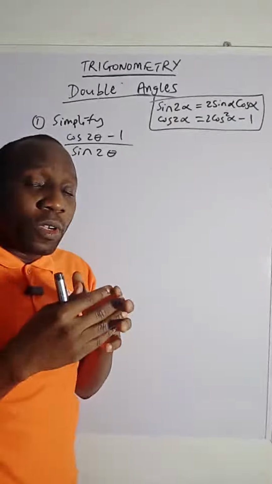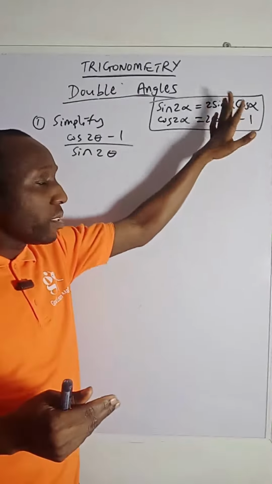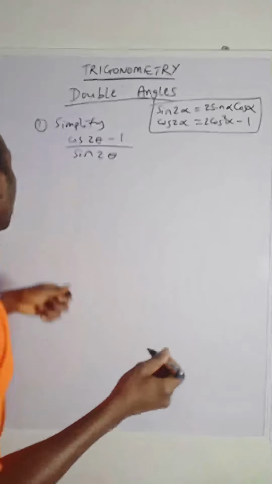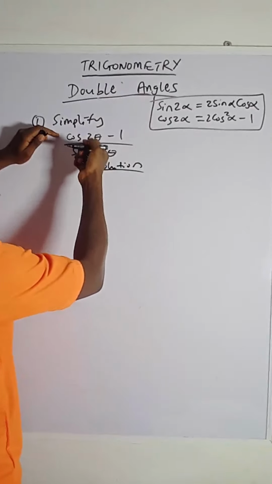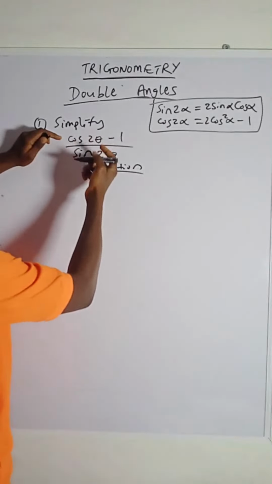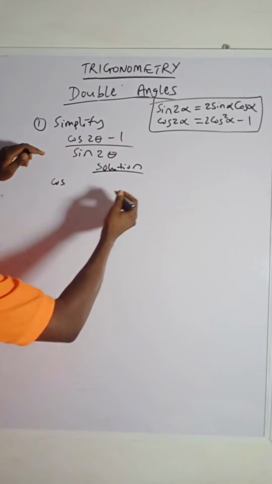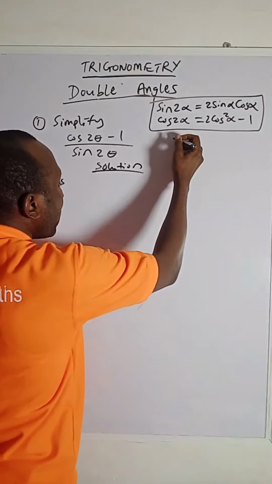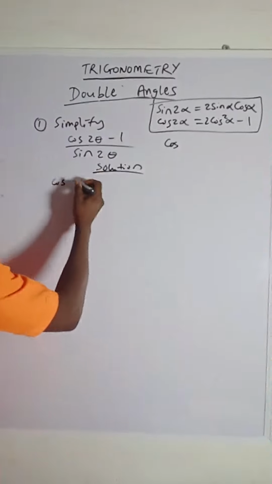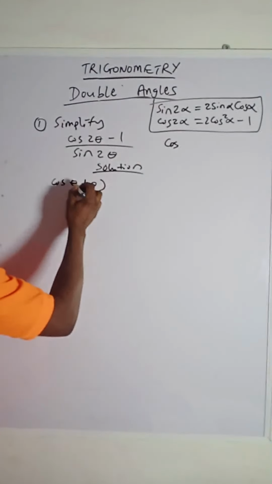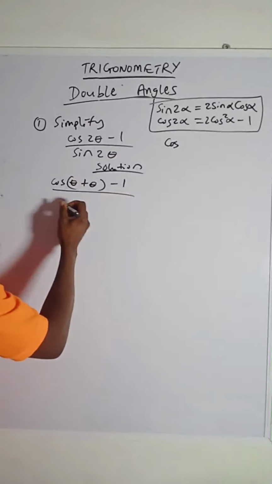So we're just going to quickly rush through it and bring all of this in. So the solution here: cos 2 alpha, we already know this is what? Please do not forget this. Cos 2 alpha, okay, I'll just write it. This is cos alpha plus alpha minus 1, all divided by what?